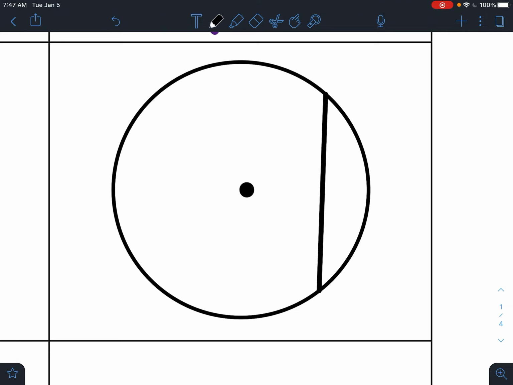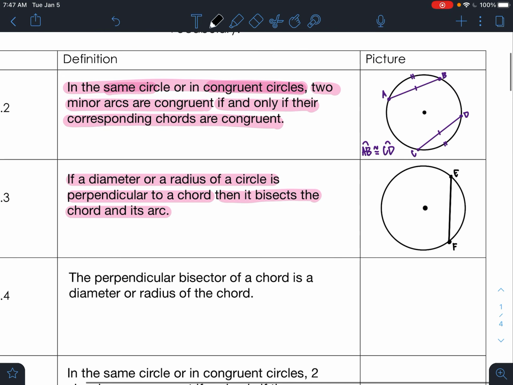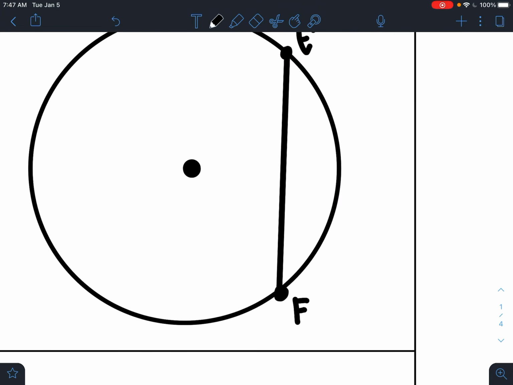So there's our chord. Let's put our 2 endpoints there and call them E and F. What this theorem is saying is that I'm now going to draw in a diameter or radius that's perpendicular to that chord. I'm just going to draw a radius, so I'm going to draw this radius that's perpendicular to this chord.